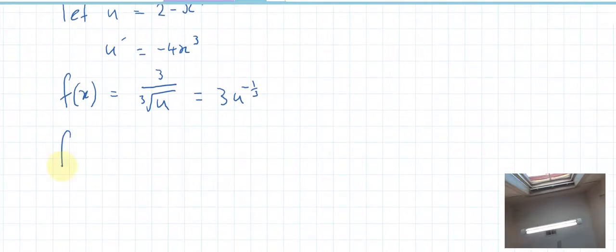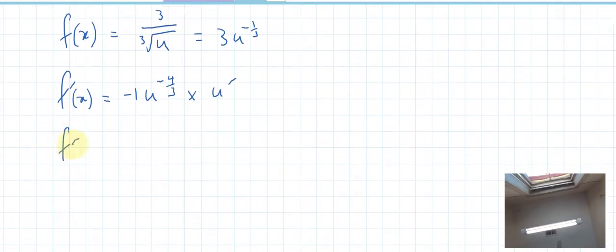Then, to differentiate, we differentiate this first bit. So we drop the minus a third out the front. Minus a third times 3 is minus 1. u to the minus 4 on 3 multiplied by whatever the derivative of u is. So as soon as we differentiate the outer function, it throws out this inner derivative.